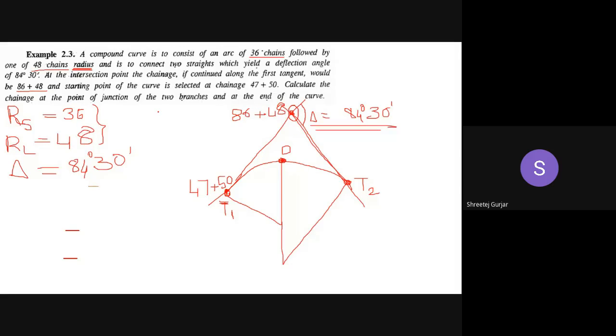From this given data, you can see that this chainage is given and this chainage is given. If you subtract this chainage from that chainage, you will get the distance TS. TS is equal to 86 plus 48 minus this chainage: the chainage at the point of intersection minus the chainage at T1, the point of curve.